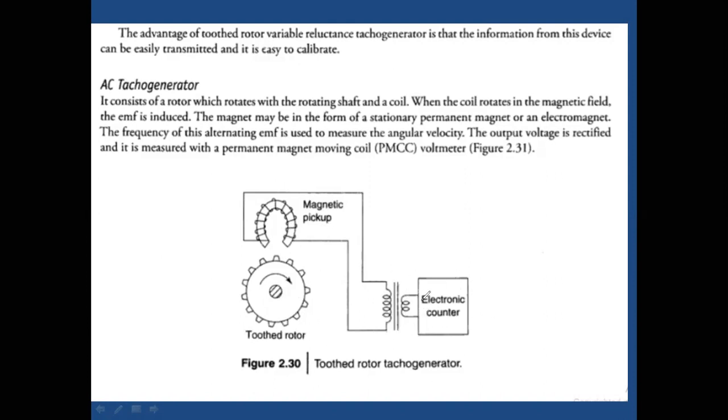Whenever the toothed rotor moves with a certain velocity in this direction, the magnetic flux is cut by the toothed rotor and an EMF is induced. This EMF is measured as a voltage, which is transformed into another form and converted into digital.